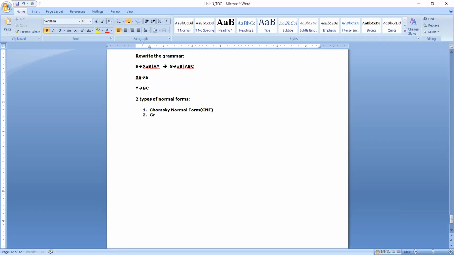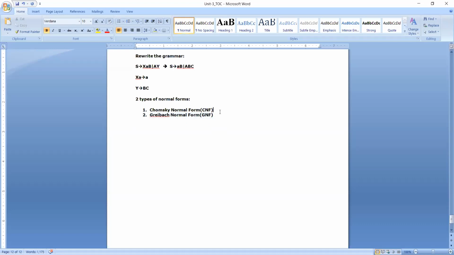The second one is Greibach normal form, also called GNF. Now you need to understand when we can say that some grammar is in Chomsky normal form and some grammar is in Greibach normal form.